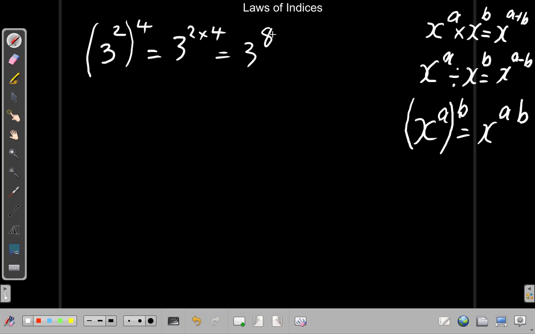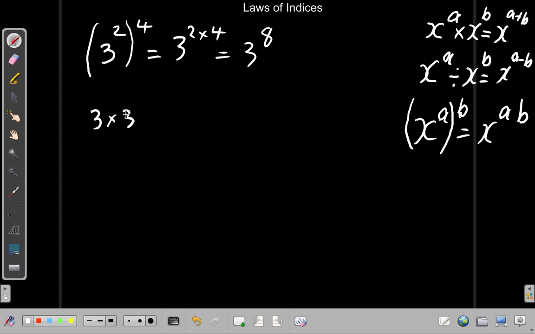Now let's look at it more closely and in more detail. Let's analyze this. 3 raised to the power of 2 raised to the power of 4. 3 raised to the power of 2 is 3 times 3.